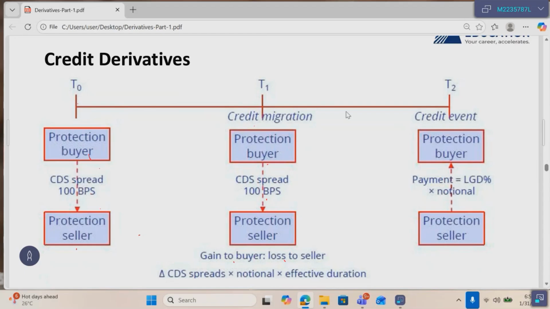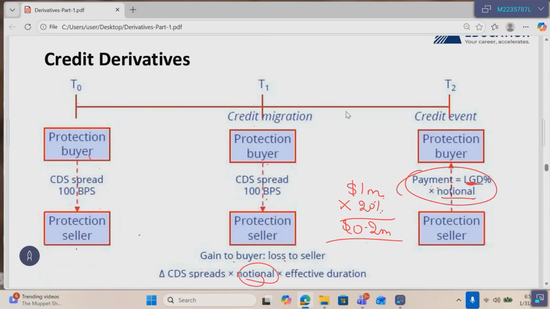When the credit event happens, the buyer will demand the amount of loss he incurred times the notional. So let's say he protected $1 million and he made a loss of 20%. The seller will pay him $0.2 million. The payment is the loss amount times the notional. Remember, there's always a notional amount that they are going to deal with.